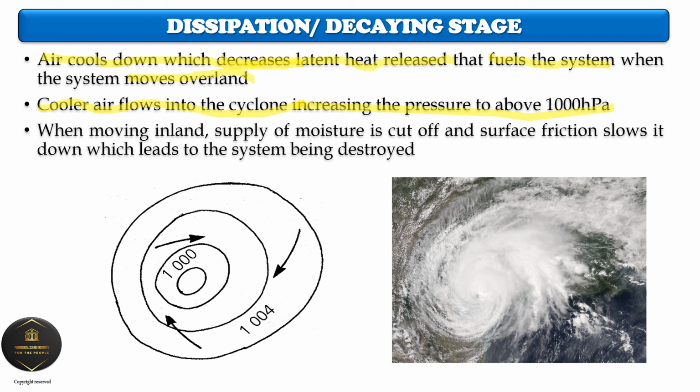And again, we can think about another factor: as it moves inland, the supply of moisture, remember it was the ocean, gets cut off, and the smooth ocean surfaces go away. So we now have surface friction, and this slows down the movement of the system, and as a result, the system will be destroyed. And remember, guys, when it gets destroyed, you still have storms associated with it, right?